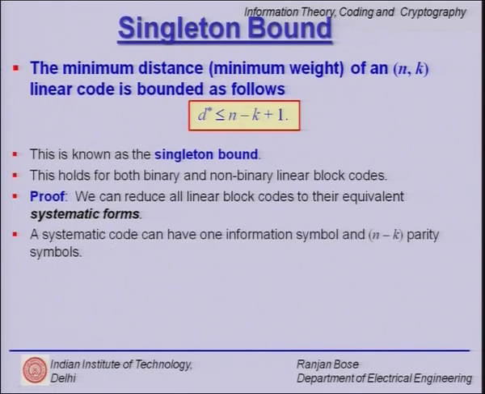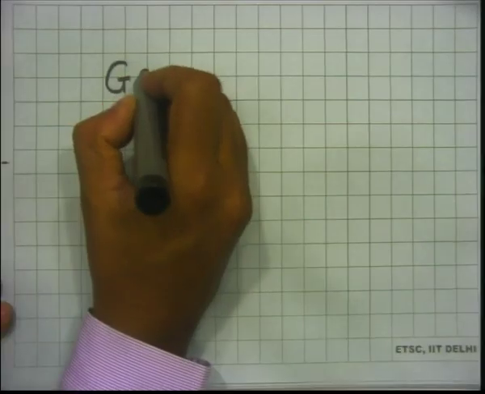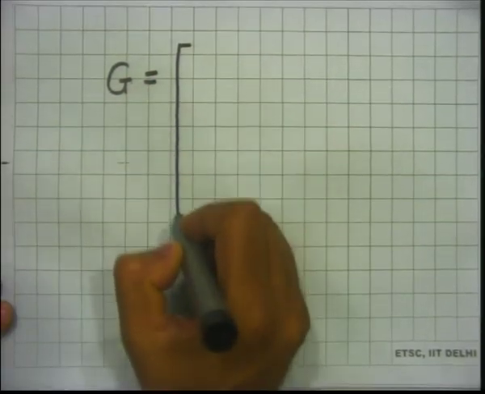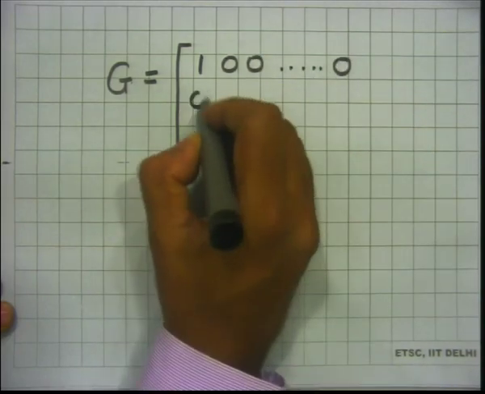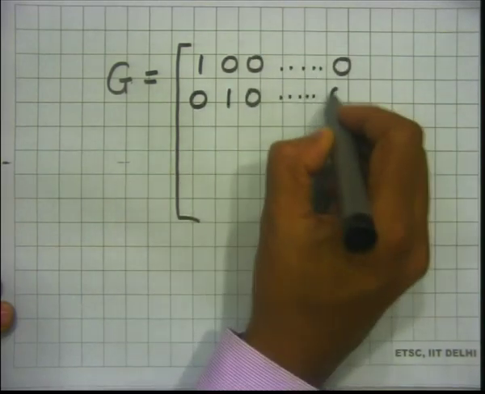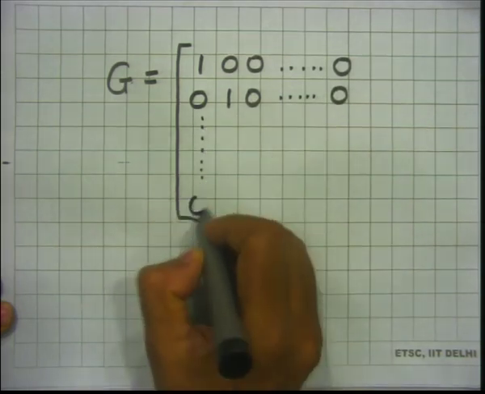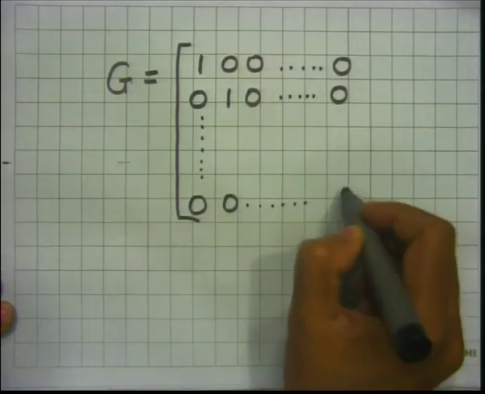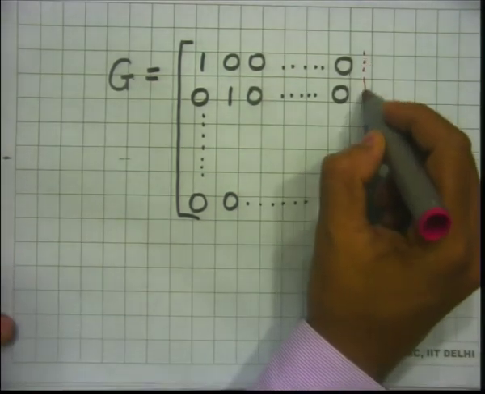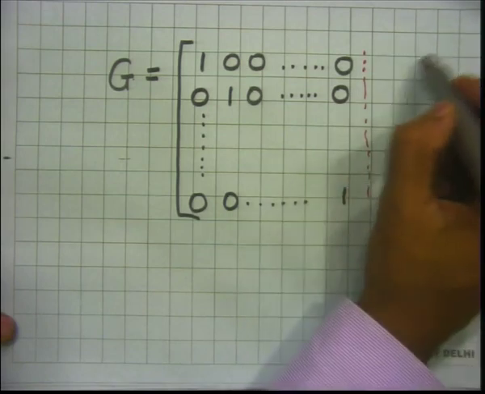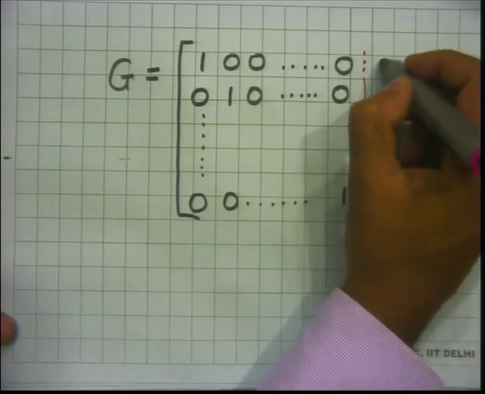But how does my valid code word look? Well, if you go back and observe your systematic form, you will notice G represented as follows. And then you have your matrix.